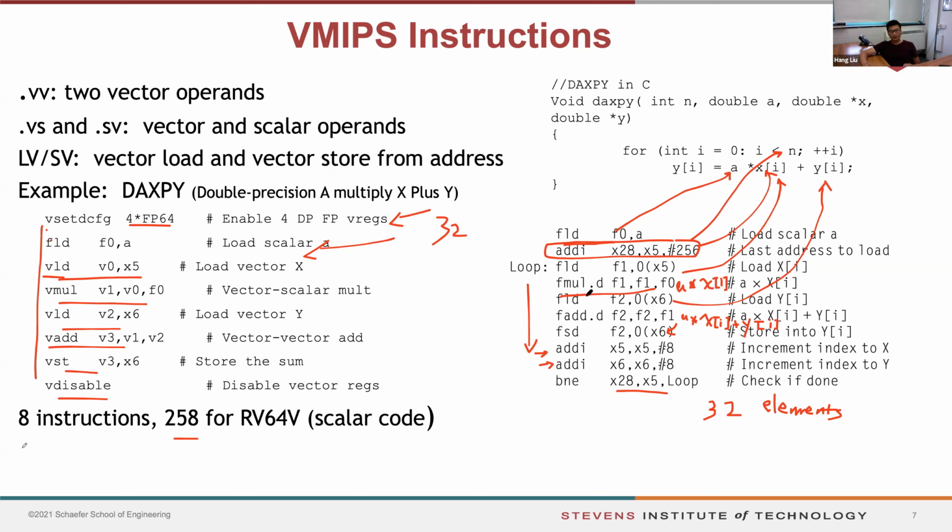However, for the scalar one, you have to do 32 times of this loop. This loop contains how many instructions? 1, 2, 3, 4, 5, 6, 7, 8. So it's 256 plus these 2, that is 258. So we need 258 instructions versus 8 instructions to finish the same computation, right?